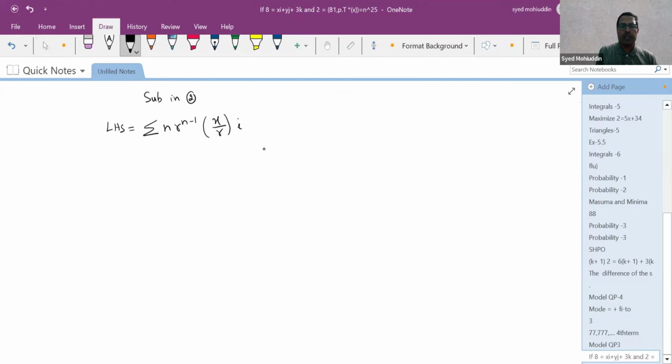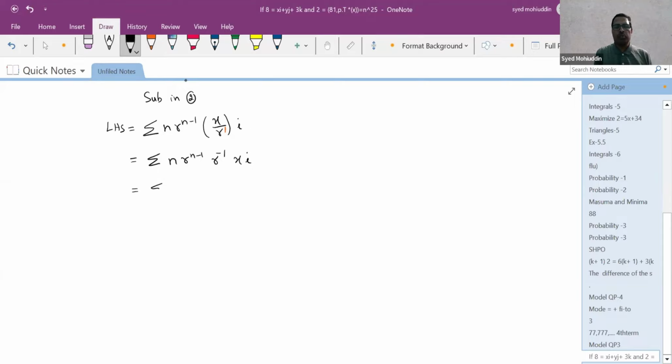Now let us further simplify this one. This is summation n r power of n minus 1. Now this r which is in the denominator represents r power of 1. But if I take this r power of 1 to the numerator, it becomes r power of minus 1. So a plus 1 power in the denominator will become a minus power in the numerator, into x into i.